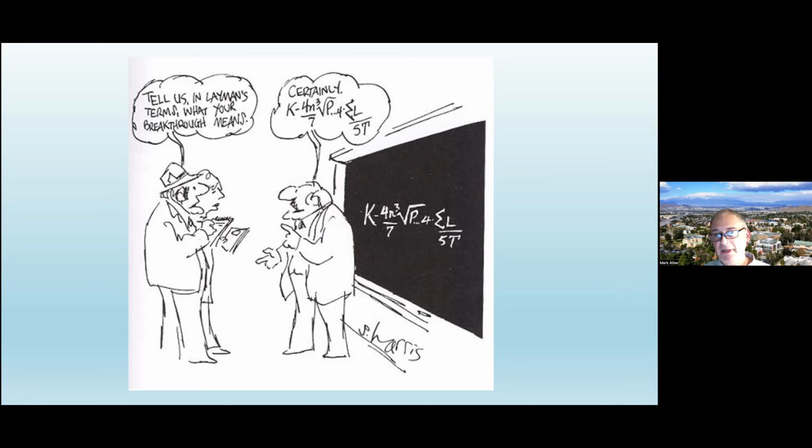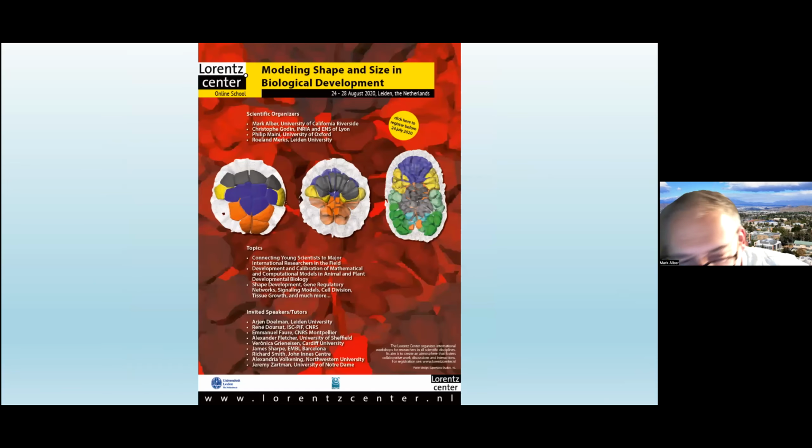So I'll try to explain what might be done, from my point of view and from my experience, to reach out to biologists and make simulations relevant to biology. So I'll be talking about a general subject, which is called mathematical development or mathematical theory of development.